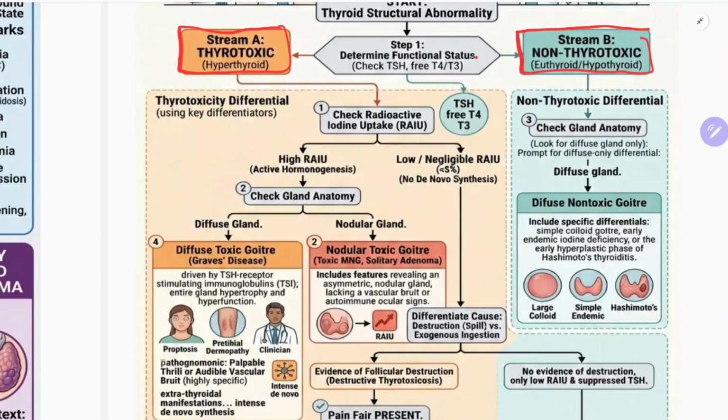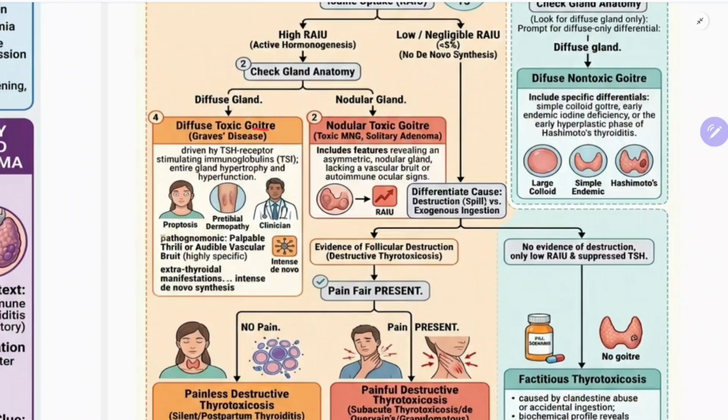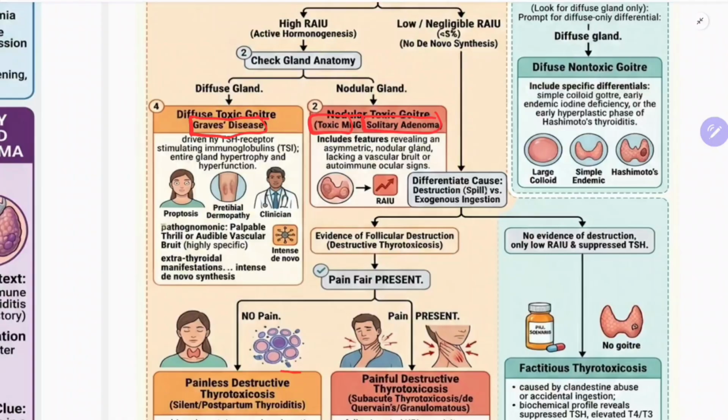If the functional status, meaning TSH, free T4 and T3, shows that there is a thyrotoxic state, then the differentials are Graves' disease, toxic multinodular goiter, solitary adenoma, painless destructive thyrotoxicosis, that is nothing but silent or postpartum thyroiditis, and painful destructive thyrotoxicosis, that is nothing but viral or granulomatous thyroiditis.